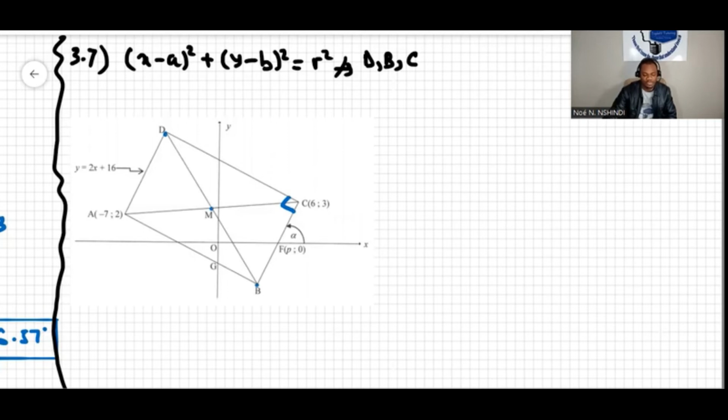Okay, and the circle may look something like this. All I know is the circle must pass through something like this. I don't know how to draw my circle well, but approximately something like that.